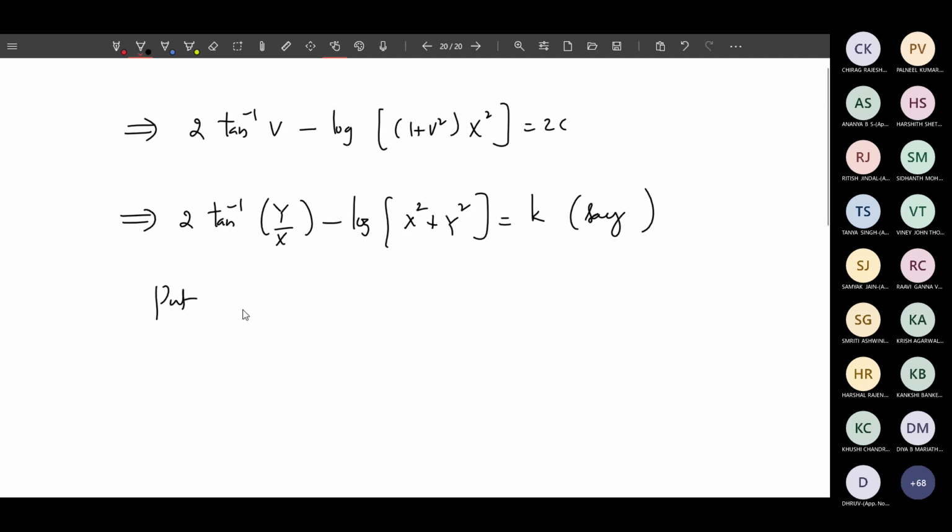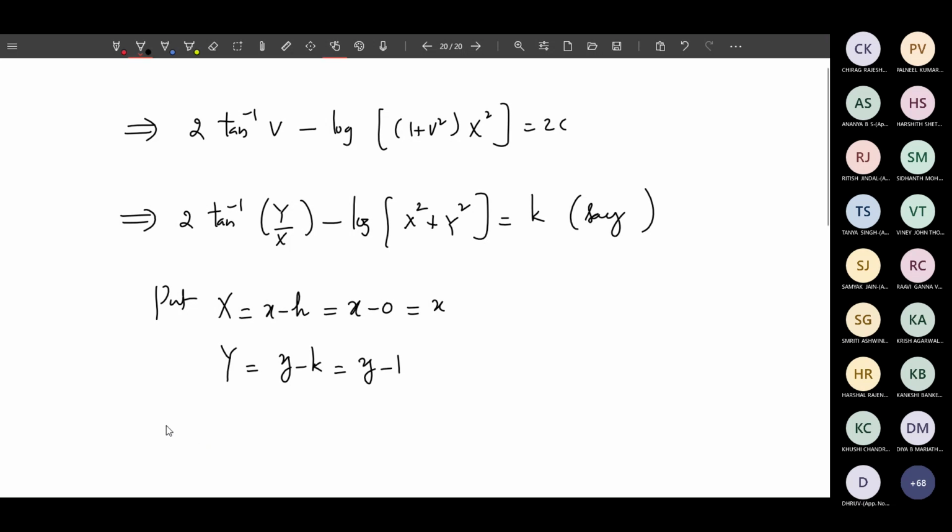And back substitution: X is x minus h, but h is 0, that means x minus 0, that is x, and Y is y minus k, and k is 1.